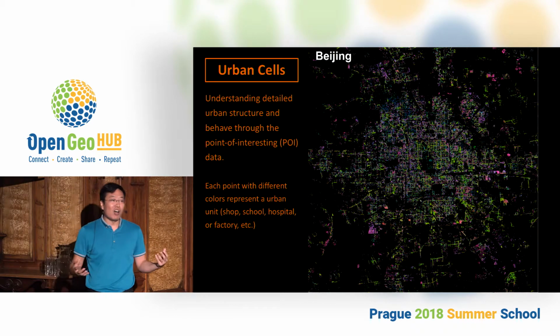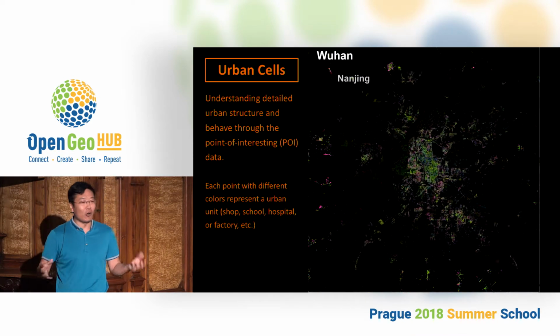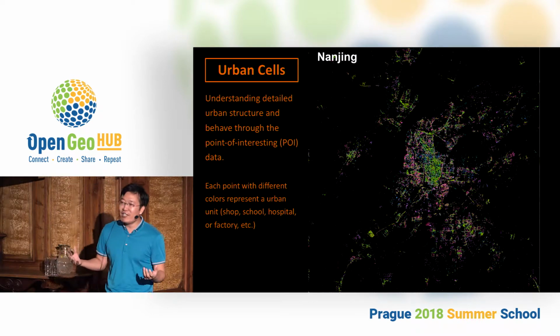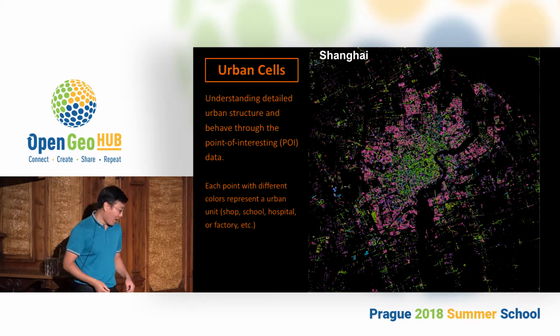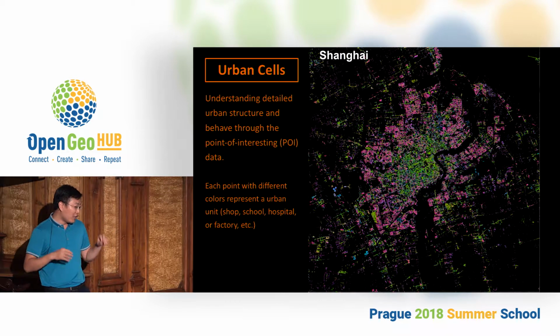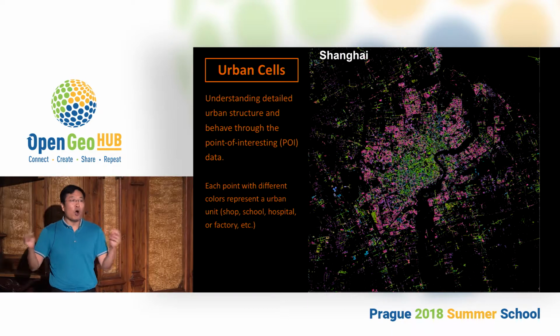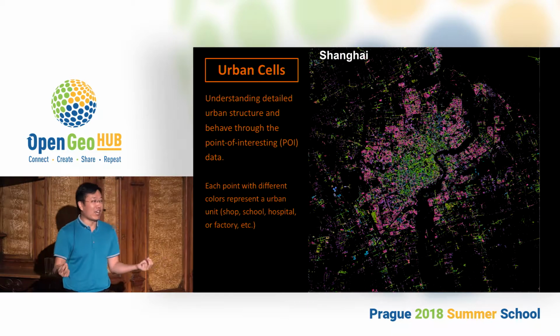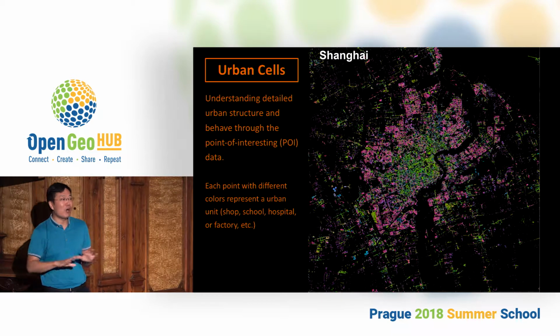Besides, I call the previous map the urban organs, like organs of a human. Cities also have cells. Cells means we understand our detailed urban structure through this kind of point of interest data. Do you know point of interest data? POI data.